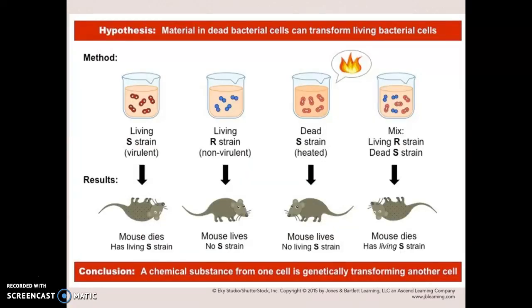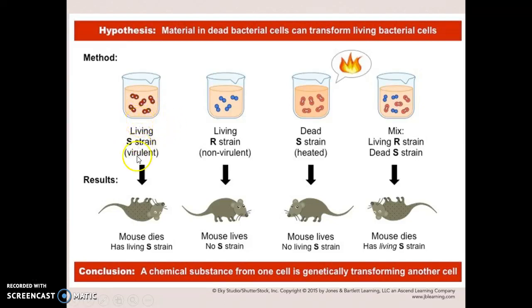And so here is his experiment. His hypothesis: material in dead bacterial cells can transform living cells. Right here you have these cells that are called S cells. They were a type of streptococcus, and they were called S cells because they were smooth. They had a capsule around them.